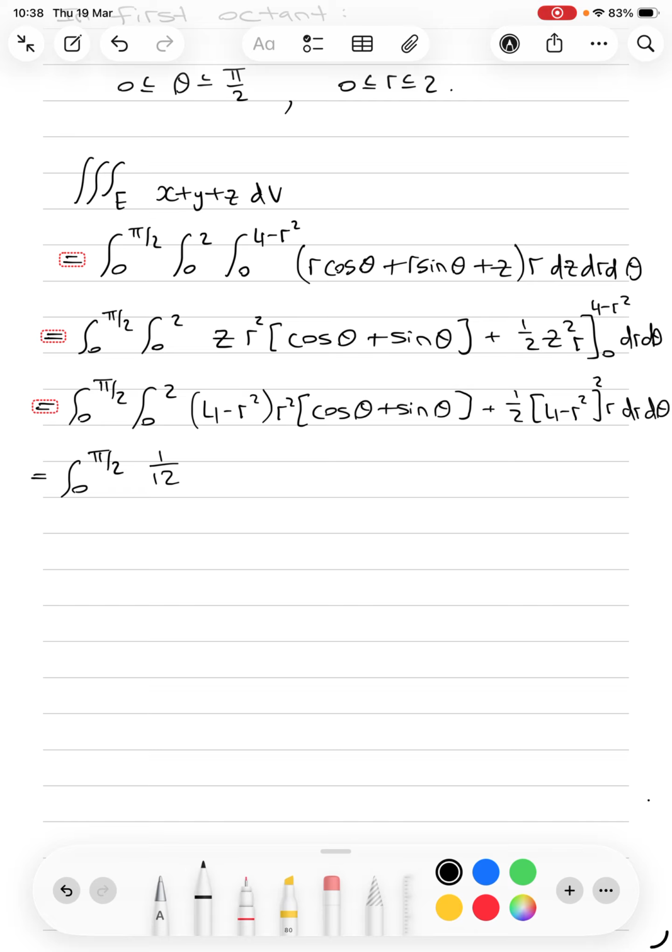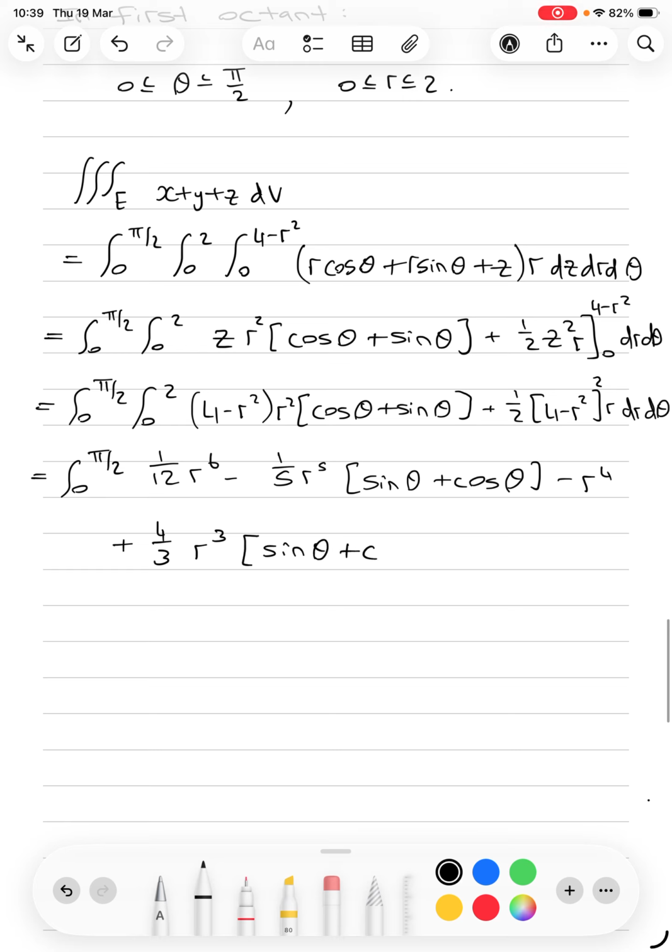Right, so I would recommend doing that first and then integrating. Okay, then in go your limits, and then finally we integrate with respect to theta.